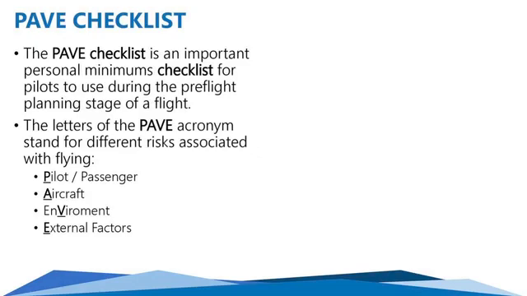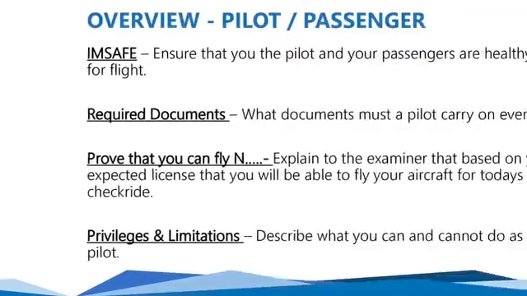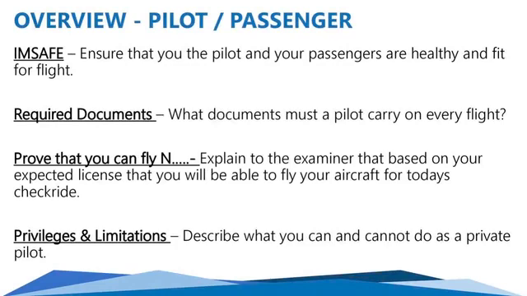In the first part here, think of this as our opportunity to prove to the examiner that we are healthy, we're safe, and we know what our limitations are, our privileges and limitations, and that's really what this point is. So we would start with the I'm Safe checklist, and we'll go through this section in more detail.